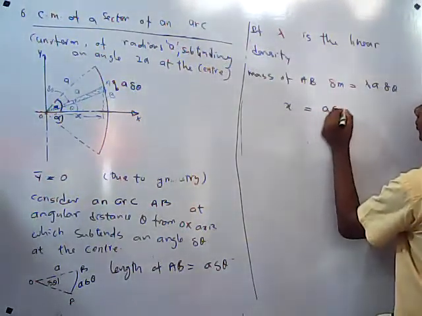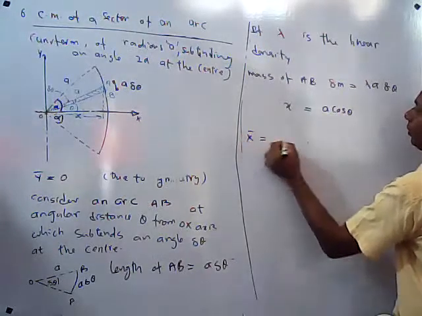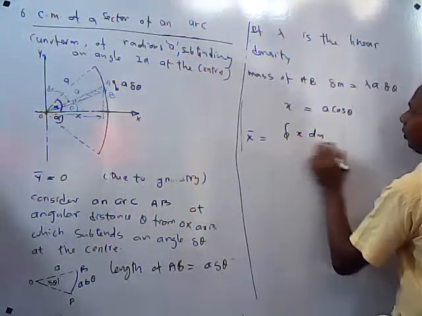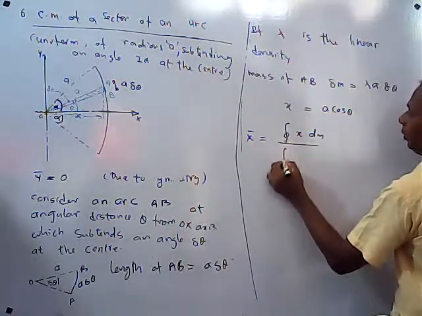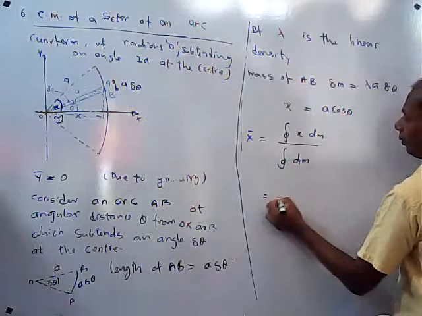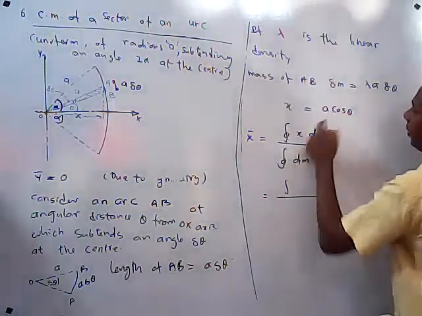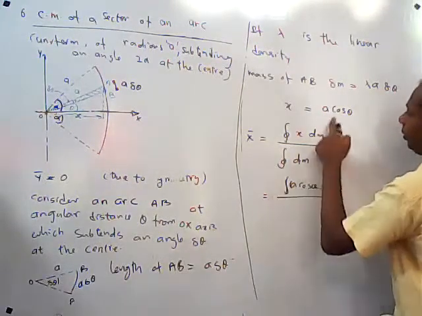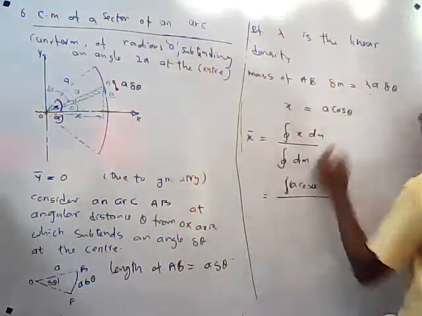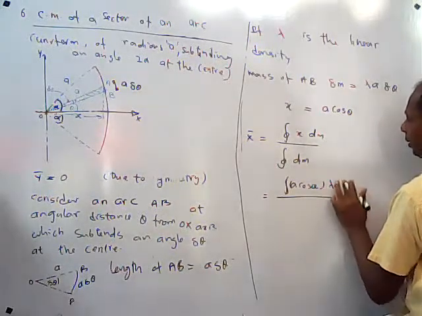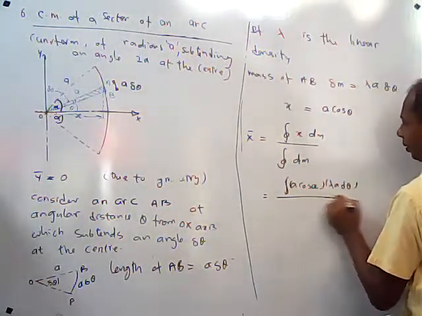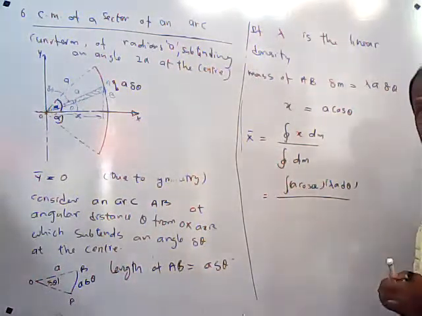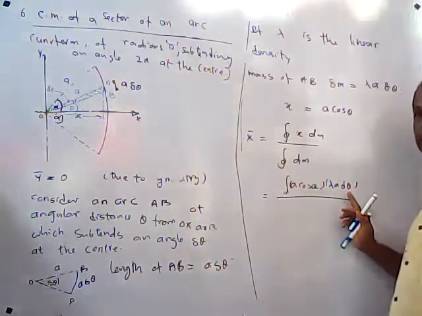Now, x bar by definition is the integral of x dm over the integral of dm. x is a cos theta, and dm is lambda a d theta, integrating with respect to theta.